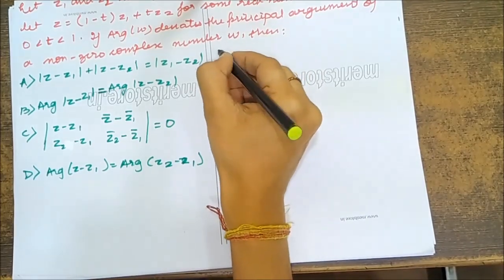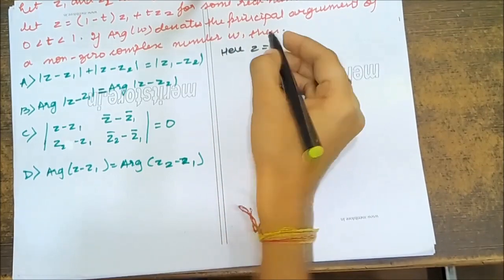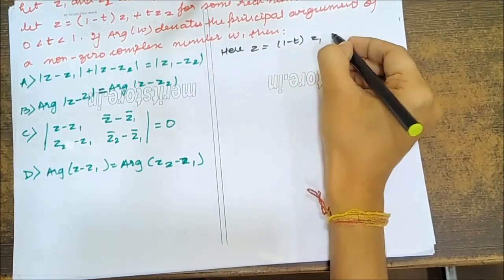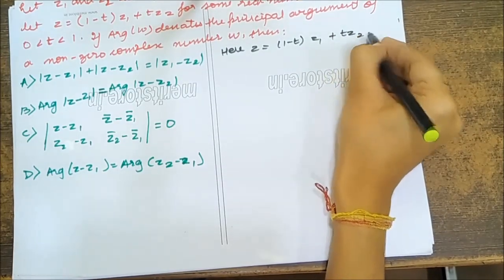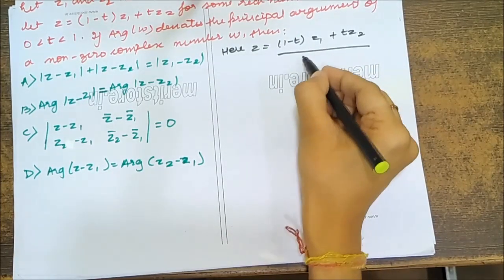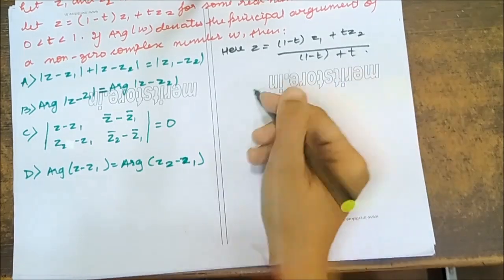Alright, we're starting here again with Z. Now what is your Z here? 1 minus t Z1 plus t Z2 upon 1 minus t plus t.